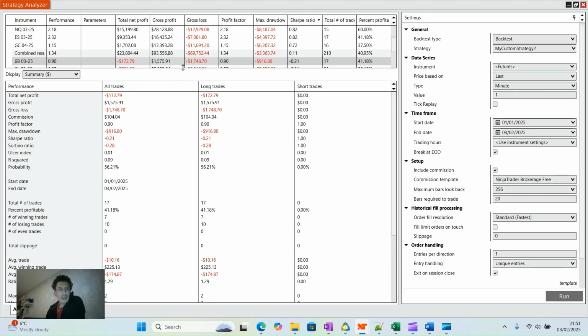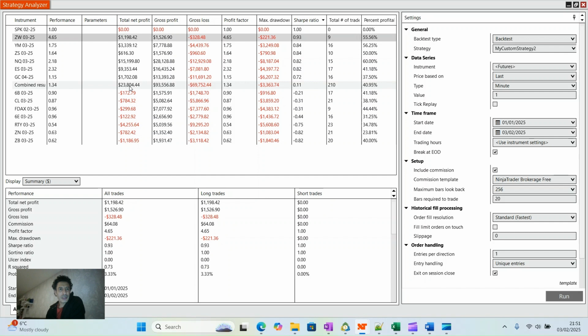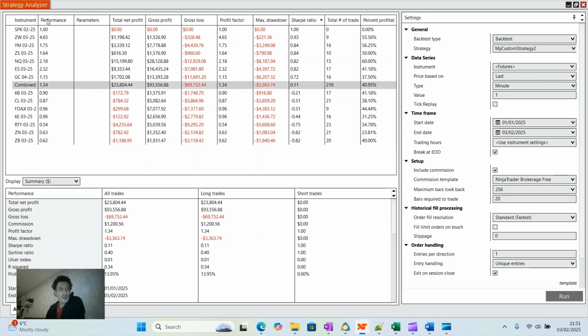Okay, here it is. So here is a good strategy now. If you go to the combined result here, you can see it's 23,000, and I usually go to the Sharpe ratio, 0.93, which is quite decent, and the ES E-mini.